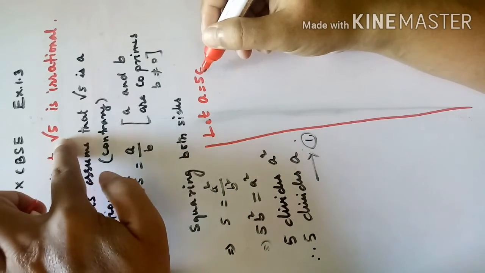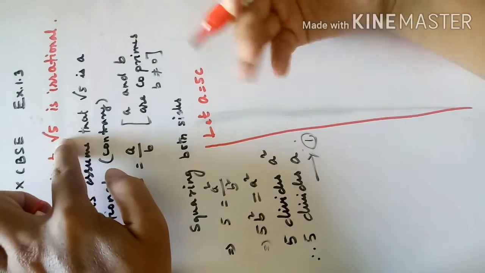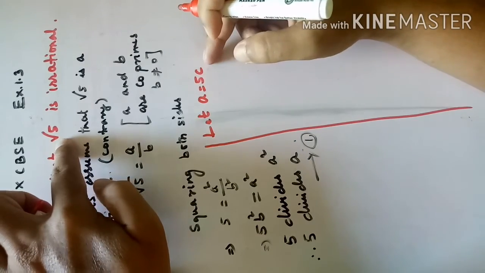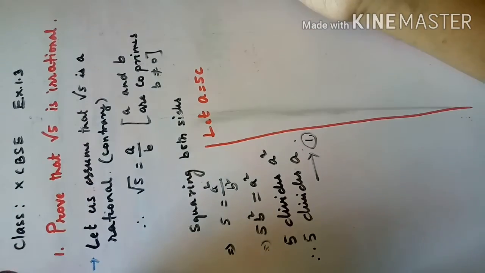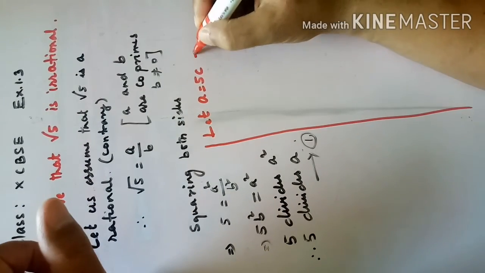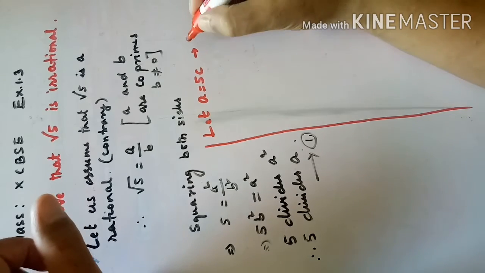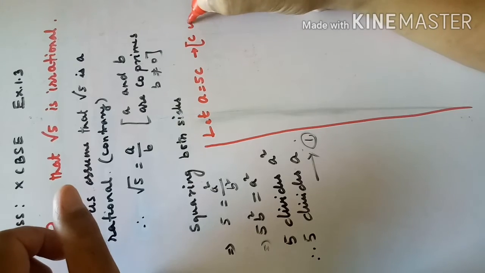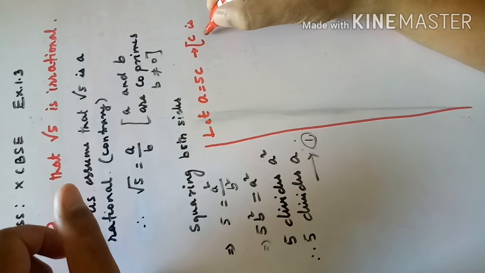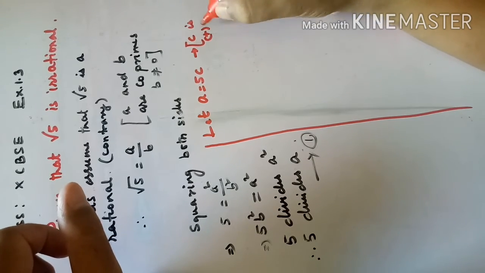We are going to prove root 5. If you are going to prove root 3, you have to take a is equal to 3c. If you want to prove root 2, a is equal to 2c, like that. Here c is another integer, c is a positive integer.